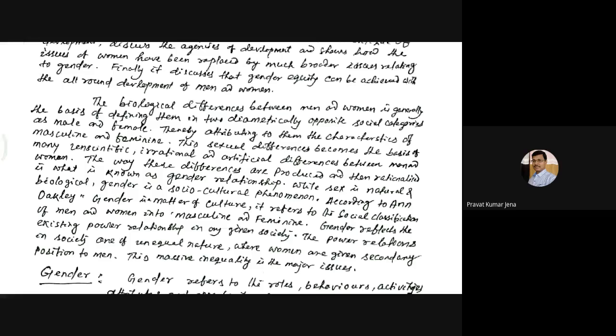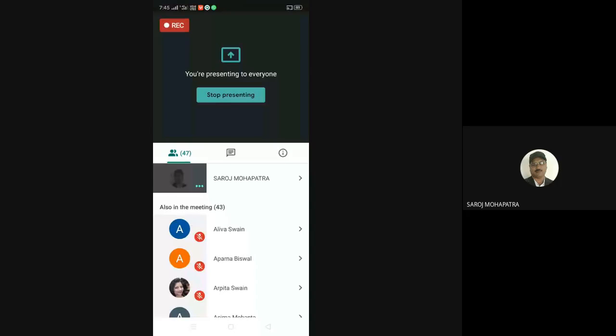The way these differences are produced and then rationalized is what is known as gender relationship. While sex is natural and biological, gender is a socio-cultural phenomenon.